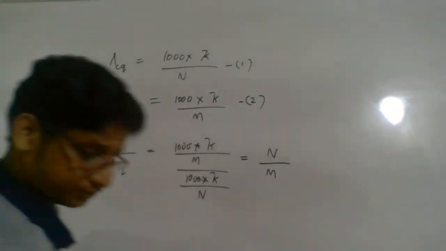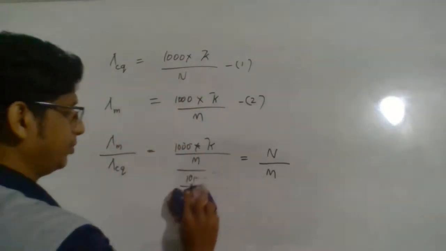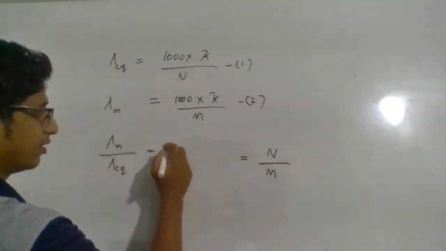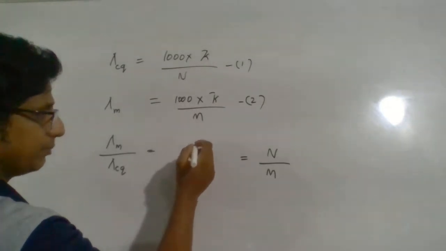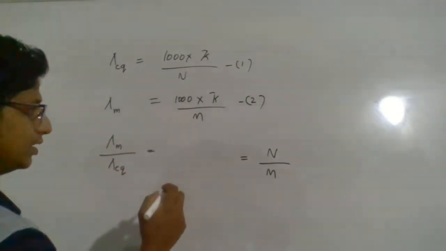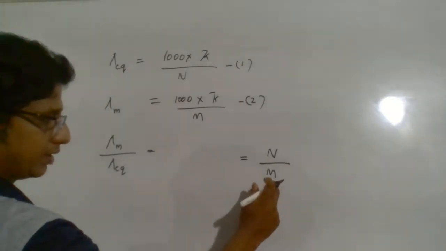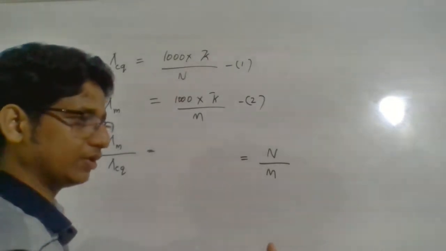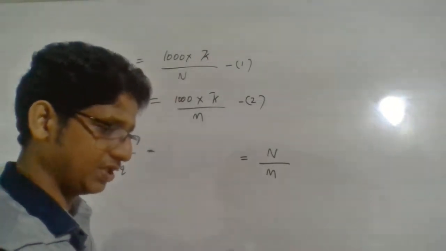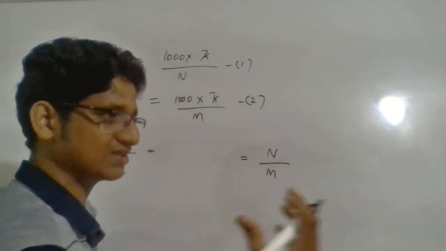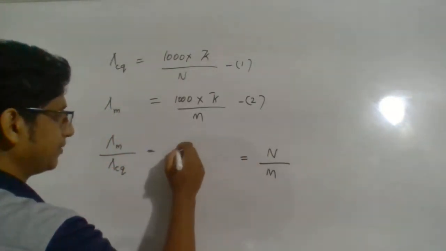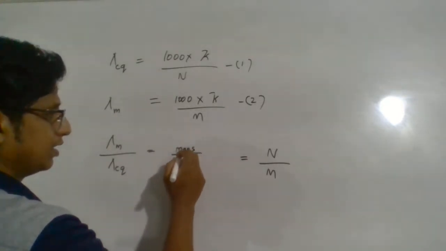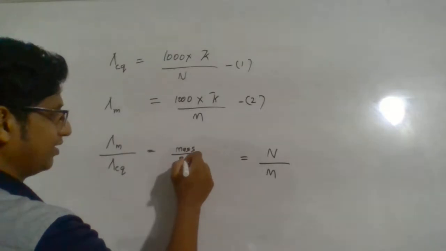Now let us find one more relationship. We know what normality is and what molarity is. Normality is the number of gram equivalents per volume of the solution, and molarity is the number of moles divided by volume of the solution. If you want to find a relationship in terms of equivalent mass and molar mass, it is still possible, because the number of gram equivalents is the mass of the substance divided by equivalent mass.